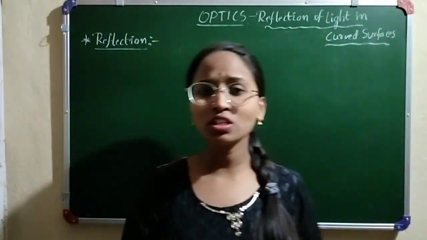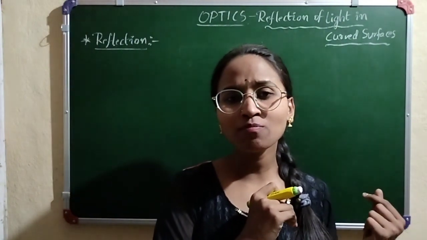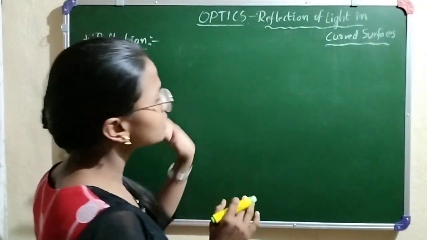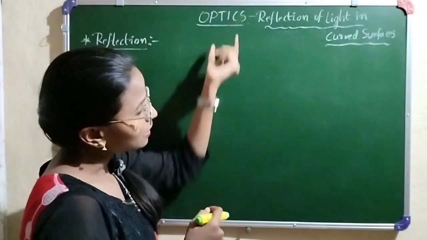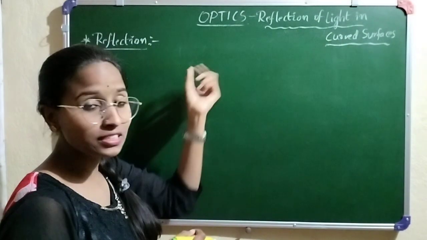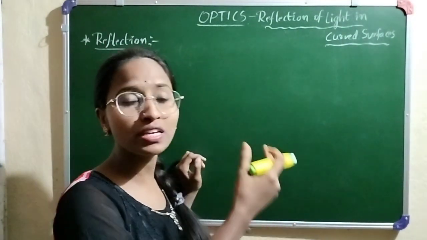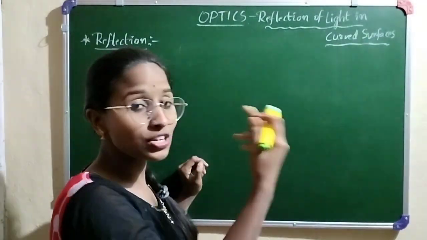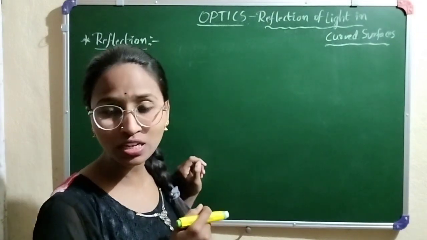I will explain all those things to you now. Optics is the study of light, and light is the energy which can make a visual sensation. Optics is one of the branches of physics which studies light.